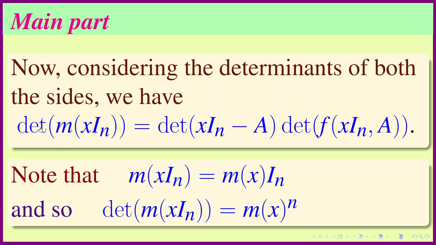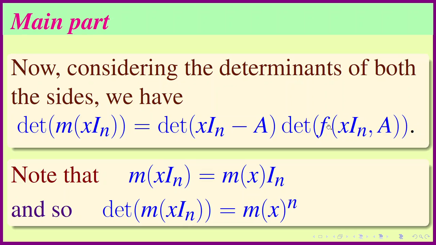Now if we expand these determinants formally as polynomials in x, this part gives the characteristic polynomial of A, and this part gives M(x) to the power n. That means the characteristic polynomial of A divides M(x) to the power n.